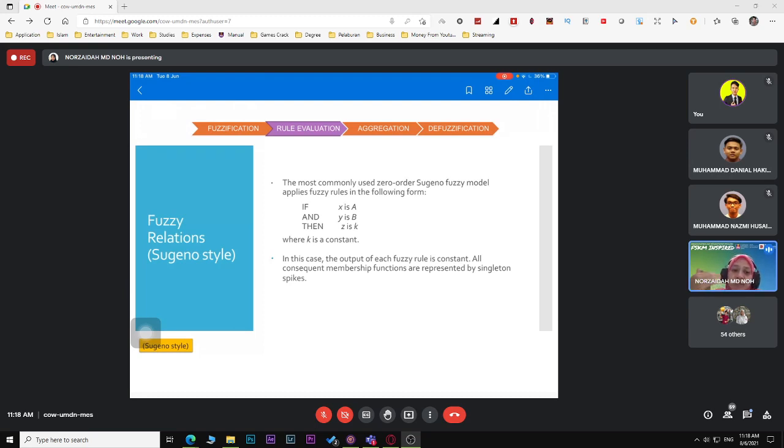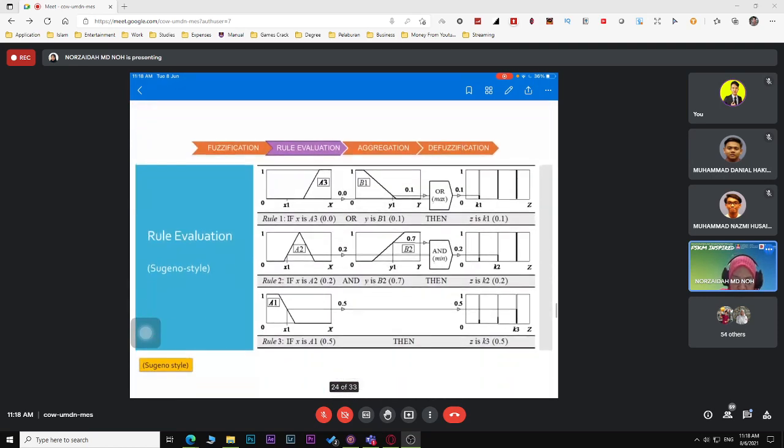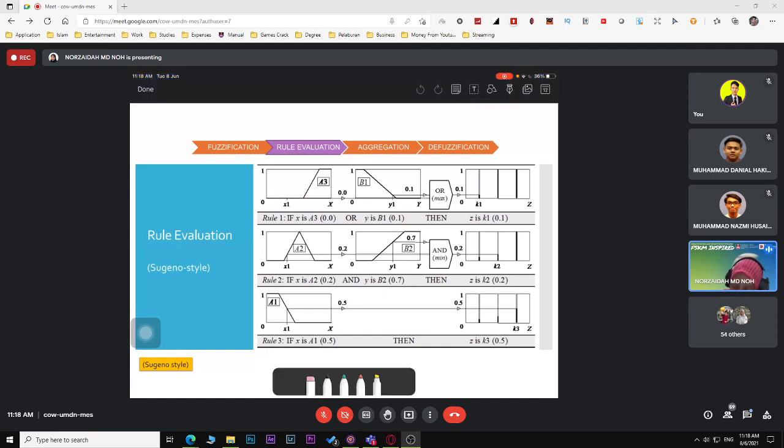Okay, macam ni kita nak fire, so we have to use a different way of having the inferences. Okay, so when the output of the rule is a constant, usually we represent the output graph as a spike. It's not in the form of a graph. Kita guna spike. If you look here, okay, this is the output. Dia ada beberapa spike dekat situ.